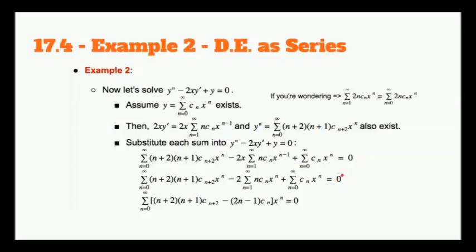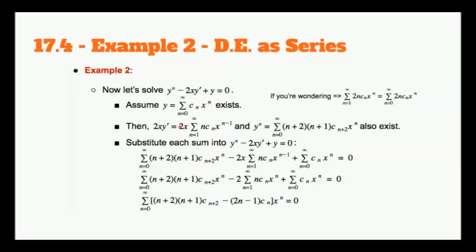Here's another example of a differential equation as a series. Now let's solve y double prime minus 2xy prime plus y equal to 0. We assume y equal to a summation of cn x to the power of n exists.